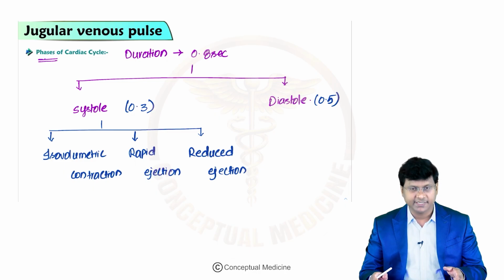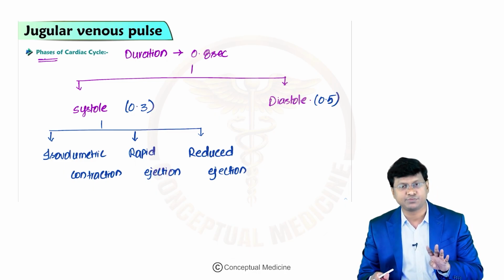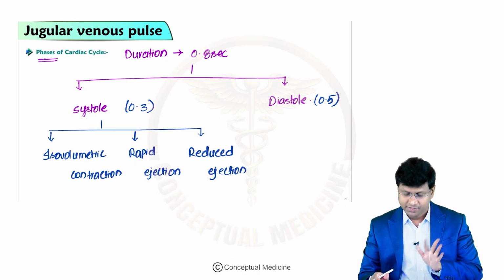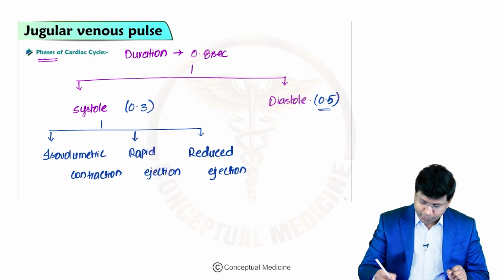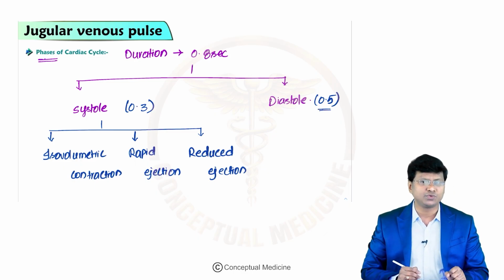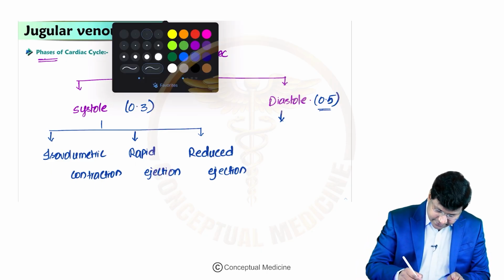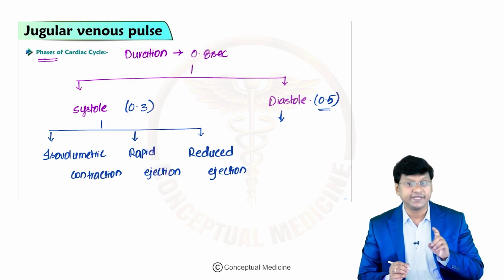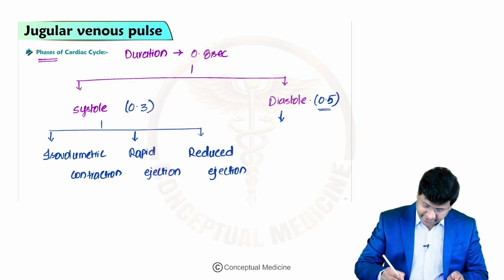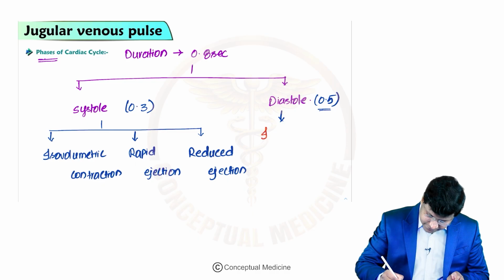In the diastole there are 4 events, but some textbooks say there are totally 5 events, which is around 0.5 seconds in total. Now what are those events in the diastole? Number 1, isovolumetric relaxation phase.